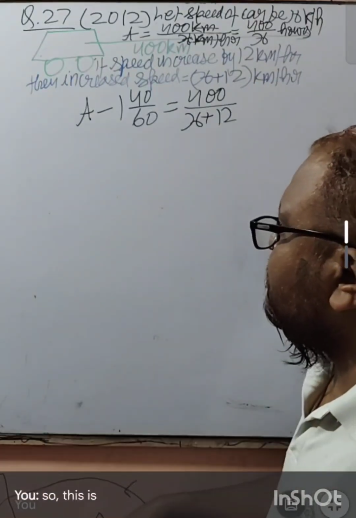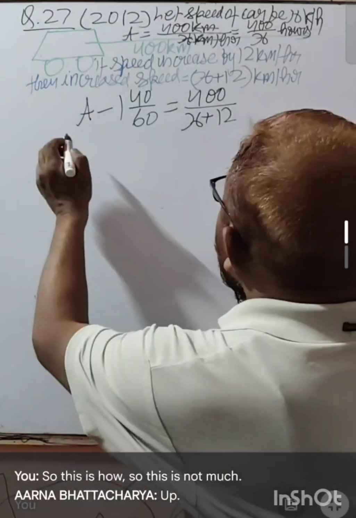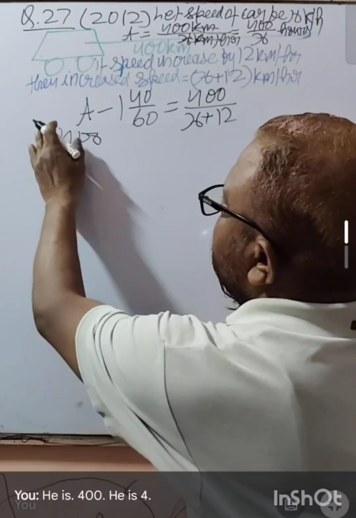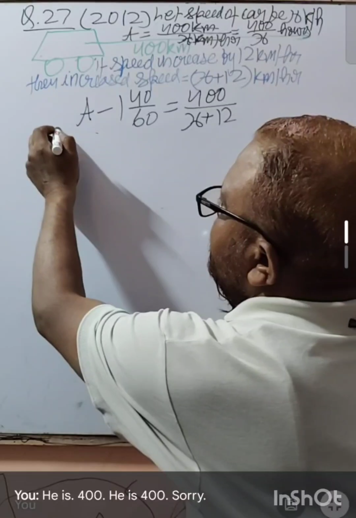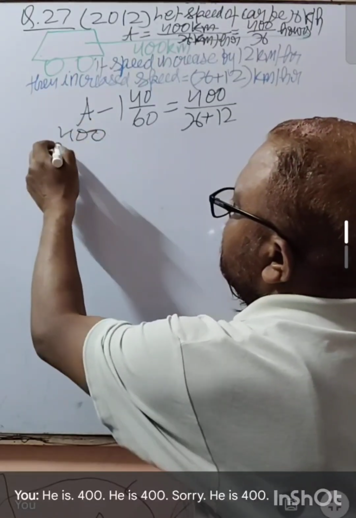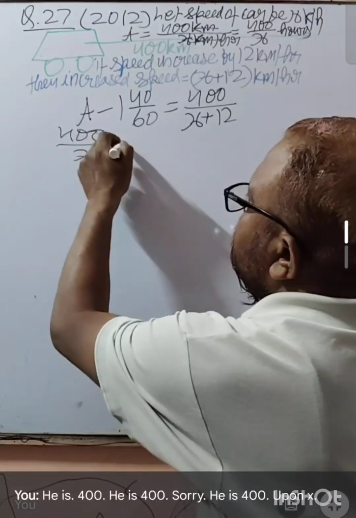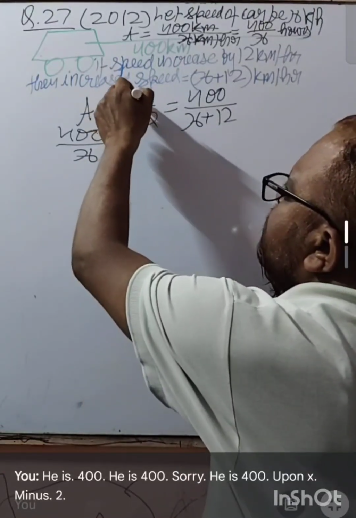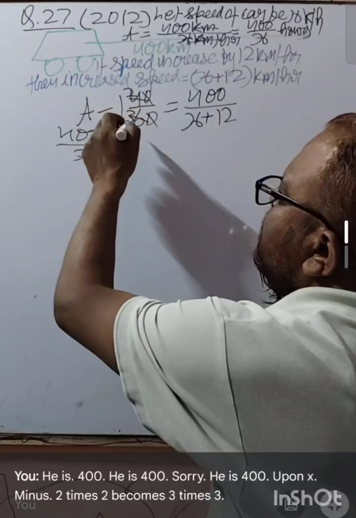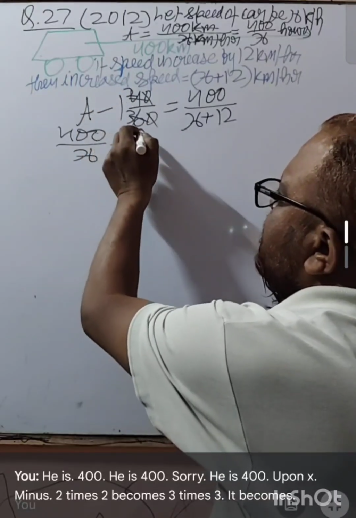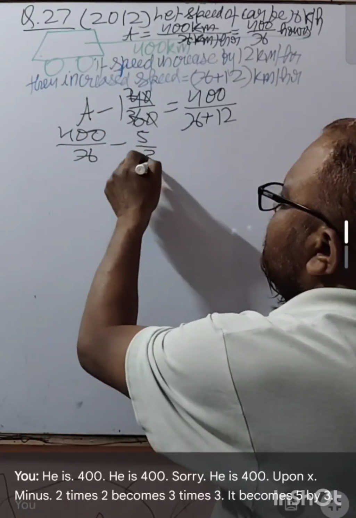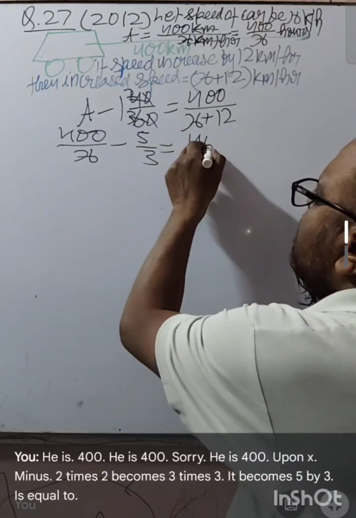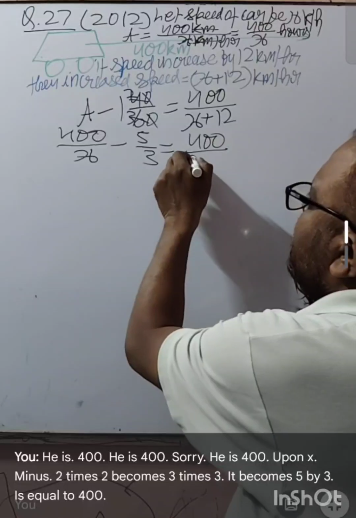So how much is t? T is 400 upon x minus 2 times 2 becomes 3 times 3, it becomes 5 by 3, is equal to 400 upon x plus 12.